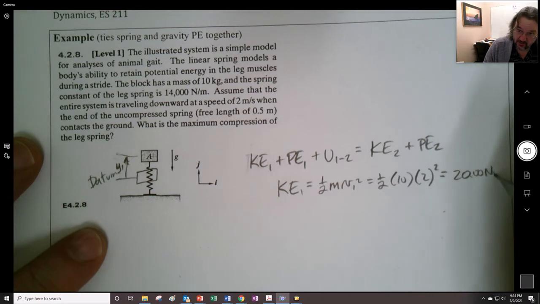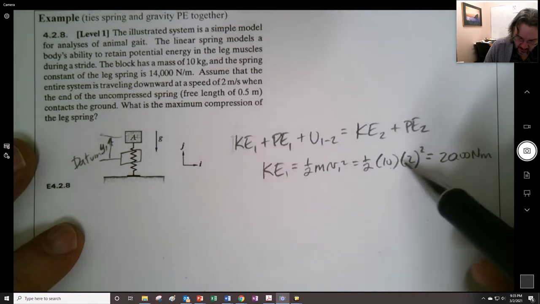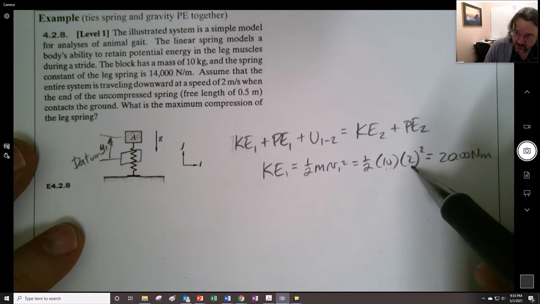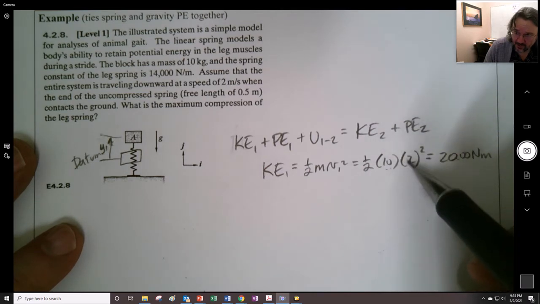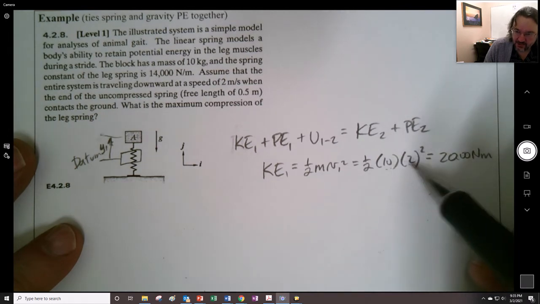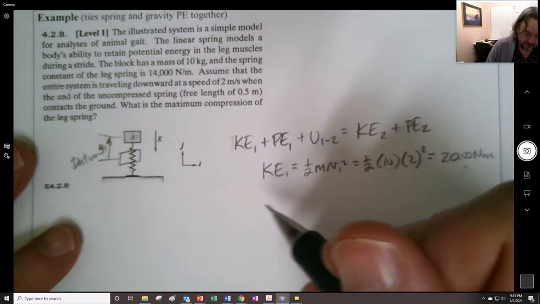And these are Newton meters, by the way, in SI, right? Because this is a kilogram, this is a meter per second, but it's meter squared, second squared. So it's a kilogram, meter squared per second squared. Steal away one of those meters, and you got kilogram, meter per second squared. That's the definition of a Newton times a meter, right? It's that extra meter that was in there. Therefore, it's a Newton meter.